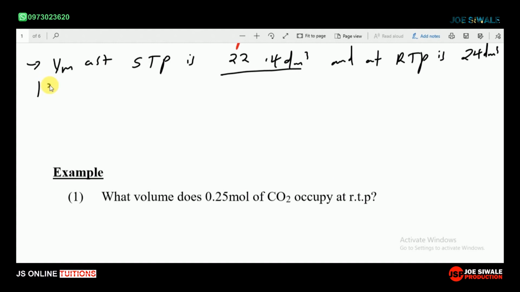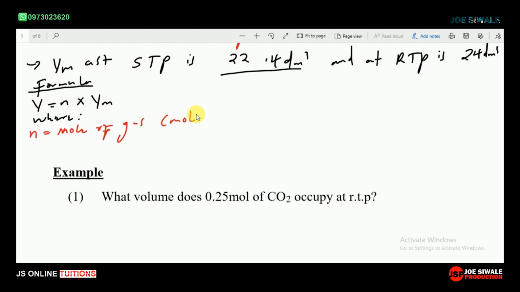The formula that we use when calculating volume: V is equal to n multiplied by Vm, where n represents mole of gas, and Vm represents the molar volume of gas.